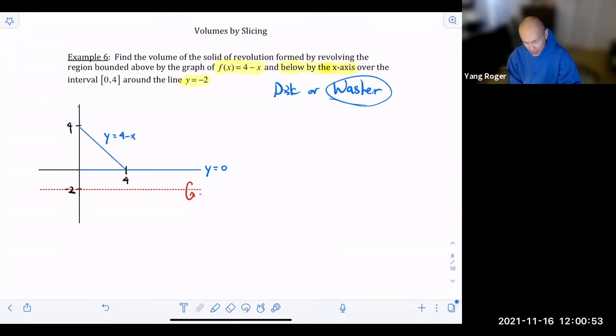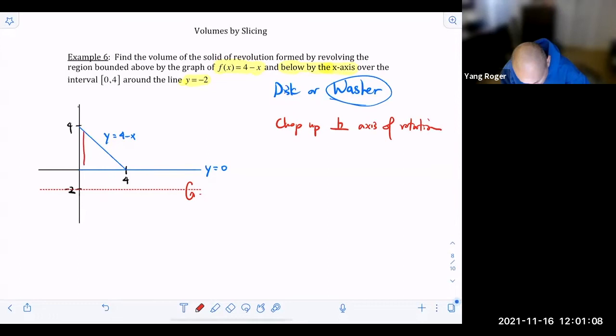And I think the first thing we should do is chop up perpendicular to the axis of rotation. So for us, we're chopping up like this. We do not go all the way down like this.